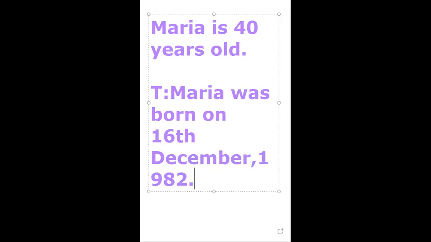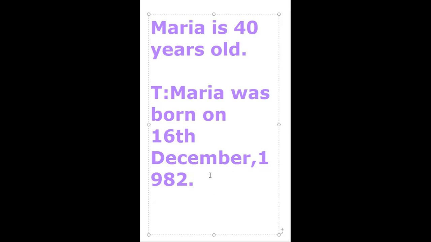How can we find that she is 40 years old? If you take the present time, when you are sitting the exam, then you can find that she will be 40 years old. So we can say that according to the information, this is right.